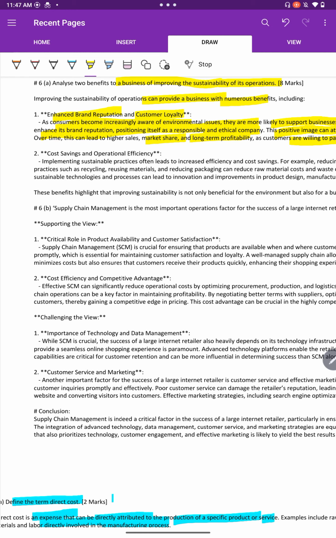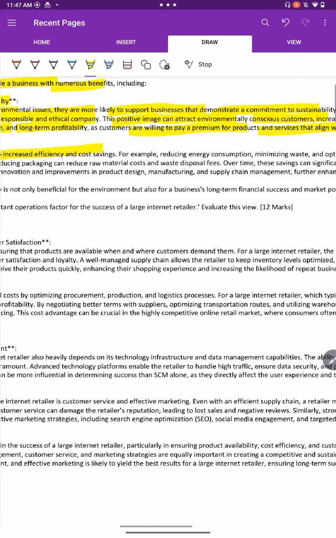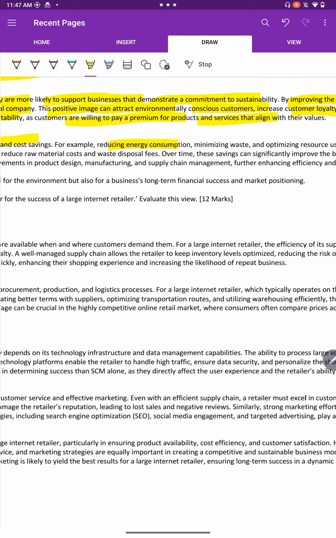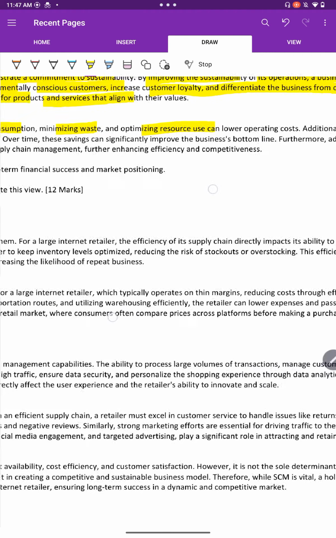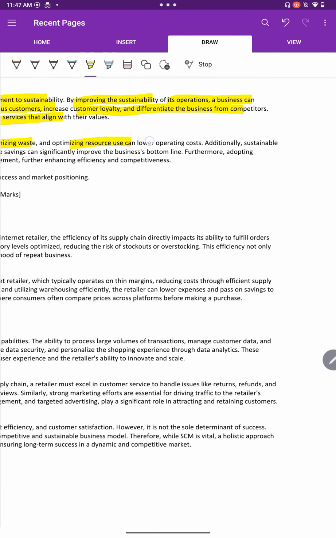Now let's discuss the second, cost savings and operational efficiency. Implementing sustainable practices often leads to increased efficiency and cost savings. For example, reducing energy consumption, minimizing waste, and optimizing resources can lower operating costs.